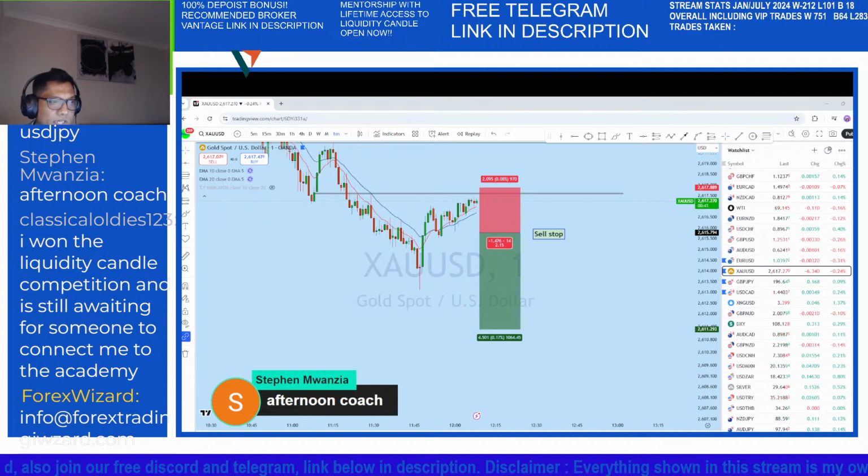Sell stop placing at 2615, stop loss at 2617.88, target at 2611.293.